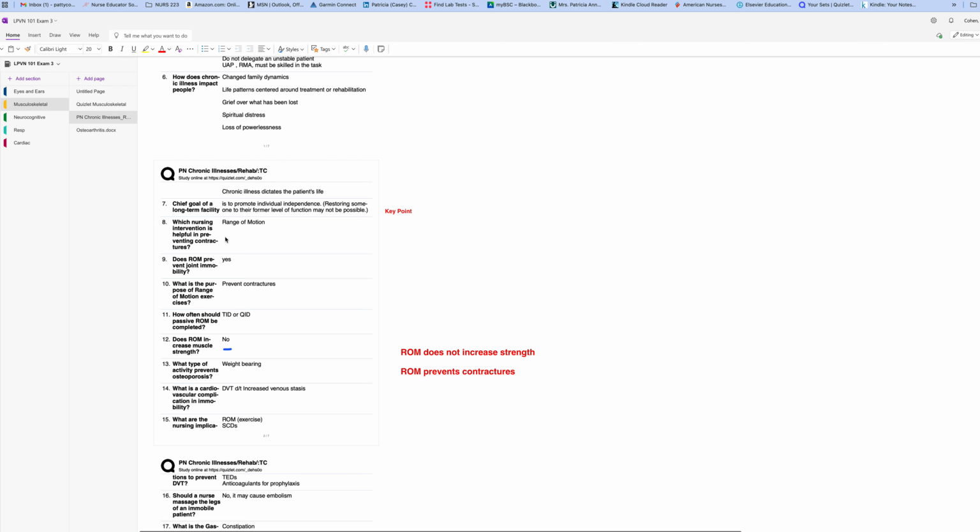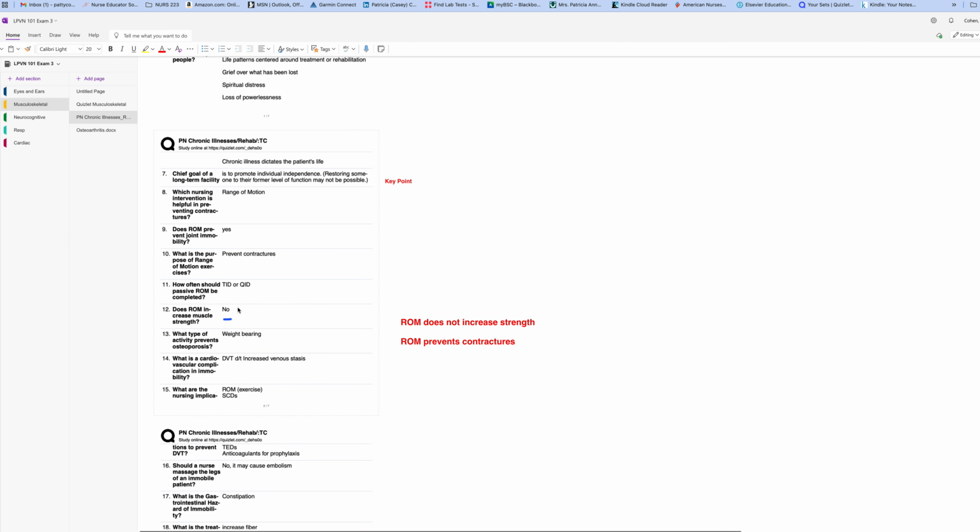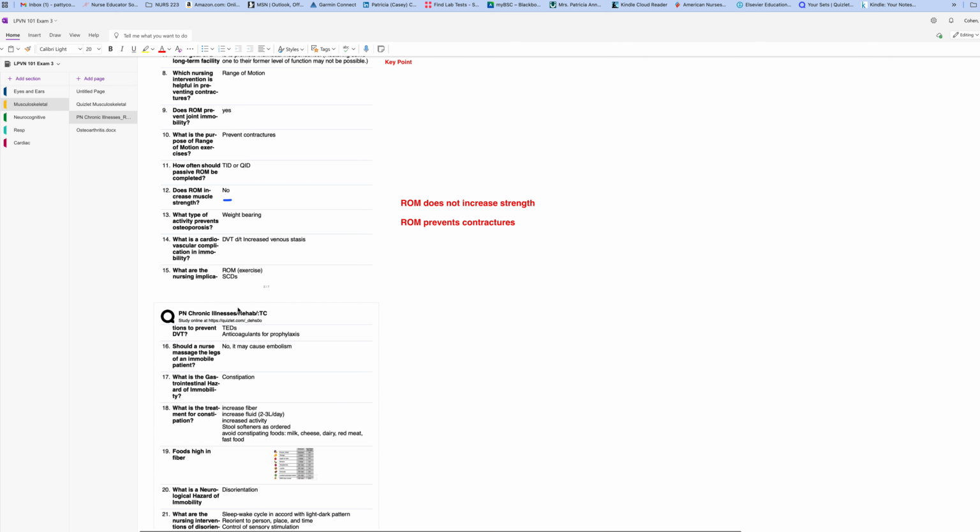An intervention that is helpful preventing contractures is range of motion, passive or active. You would do it TID or QID, 3 to 4 times a day. It doesn't increase strength. People that are immobile, you've had this in fundamentals, are going to be prone to DVTs.